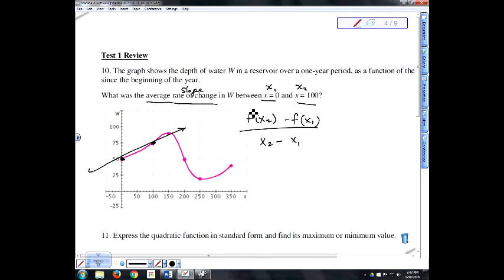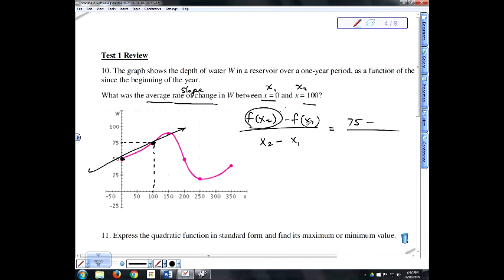Well, f of x2 is just f of 100. Now if we go over to 100 on the x-axis and go up to the graph, it looks like it's 75, so f of 100 is equal to 75.